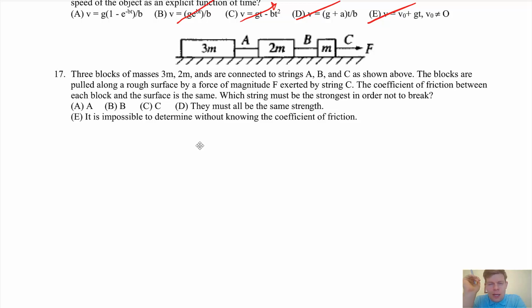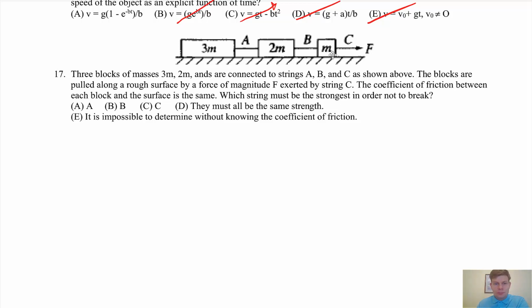If it doesn't make sense, if you think about it, A has to be strong enough to pull the friction force generated by 3M. Whereas B not only has to be strong enough to pull the friction force due to this 2M, it also has to pull this 3M. And then C has to be able to pull all of them.